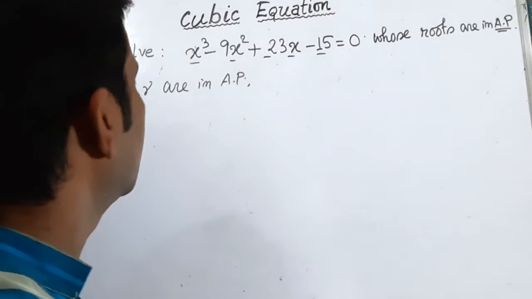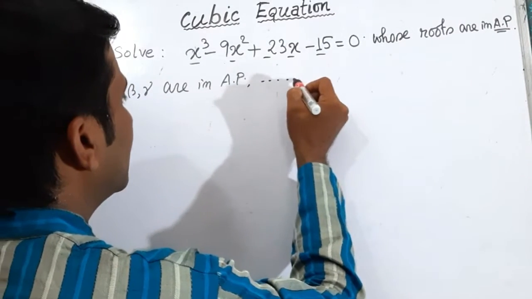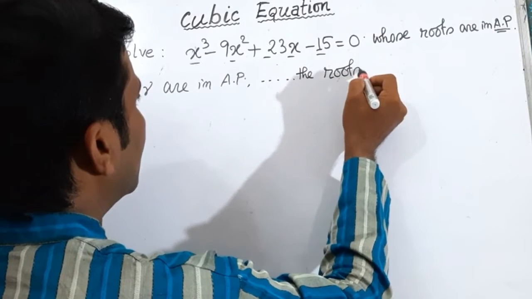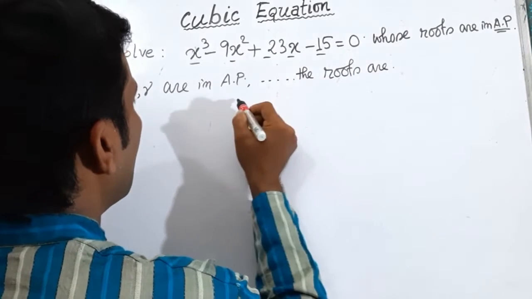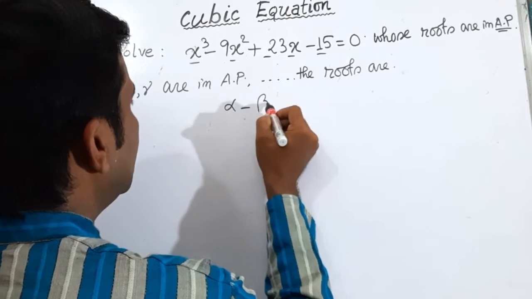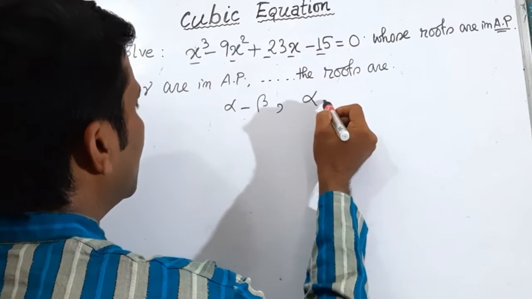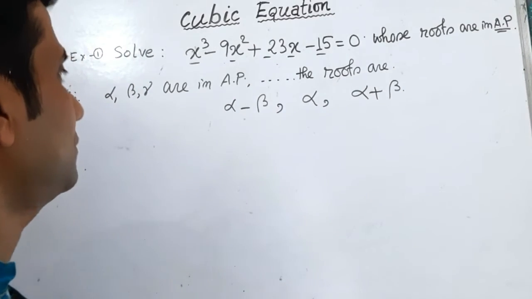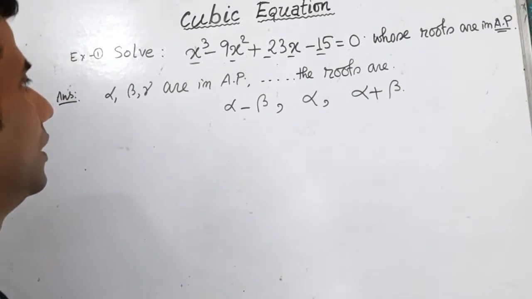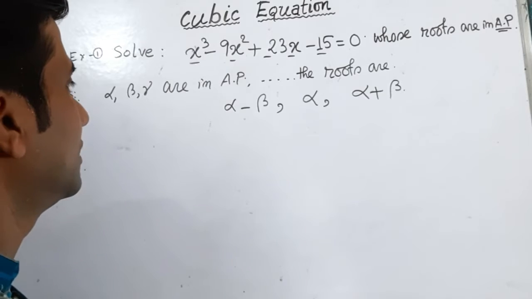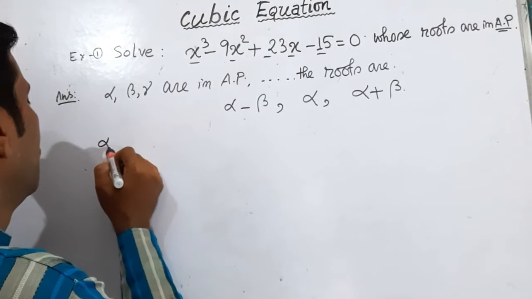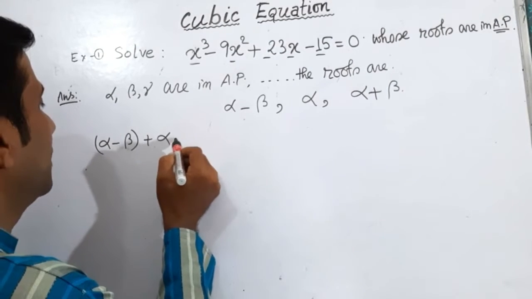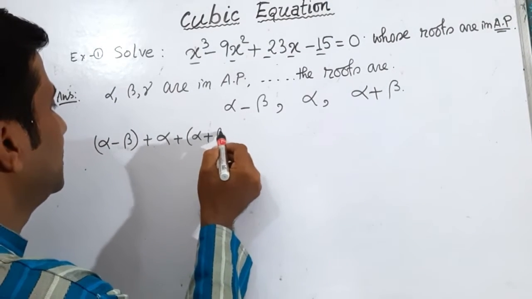Then we suppose that the roots are alpha - beta, alpha, alpha + beta. Then from the relation between roots and coefficients, we know alpha - beta plus alpha plus alpha + beta.